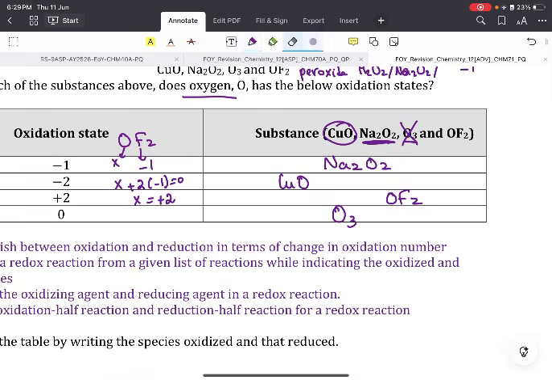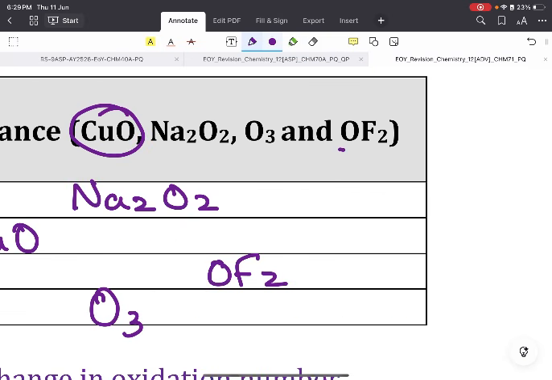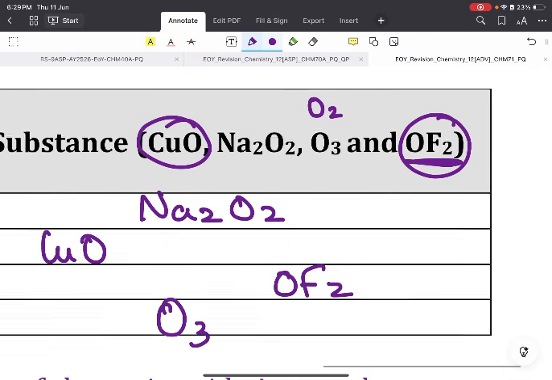Basically, don't worry about these questions, because there is no other example of O being +2 except this one. O being 0 is either in O2 or in O3.